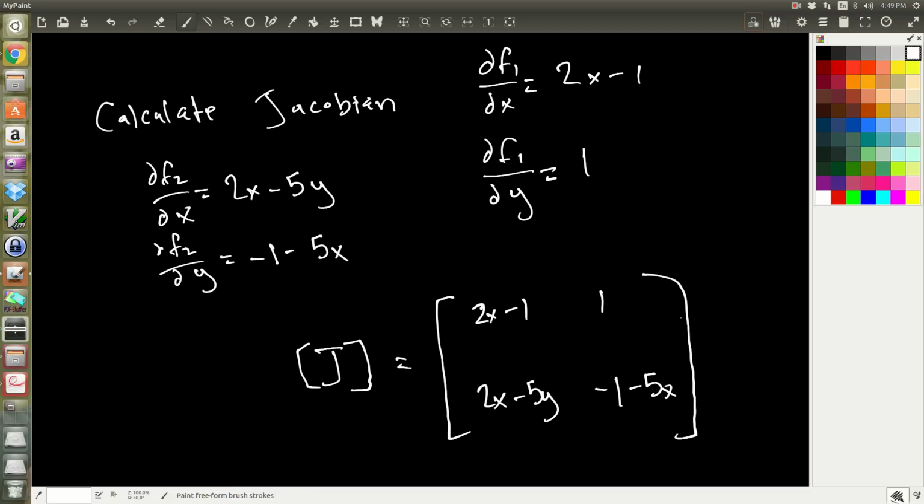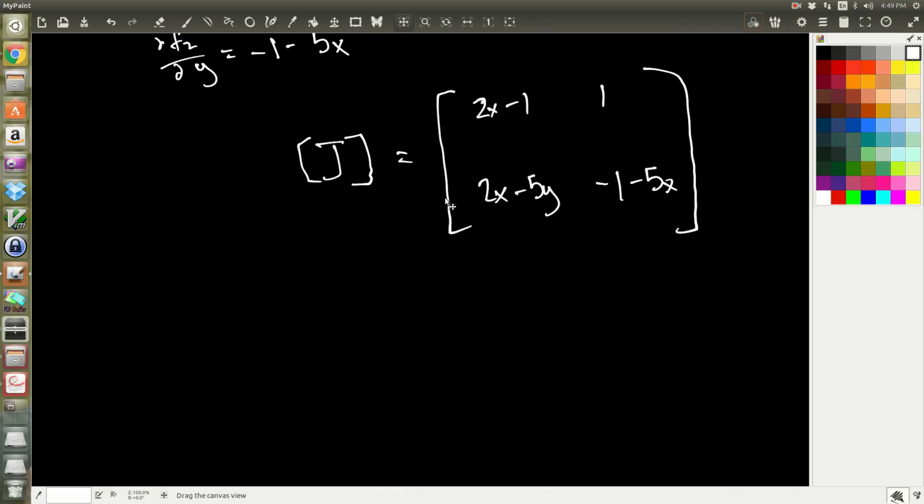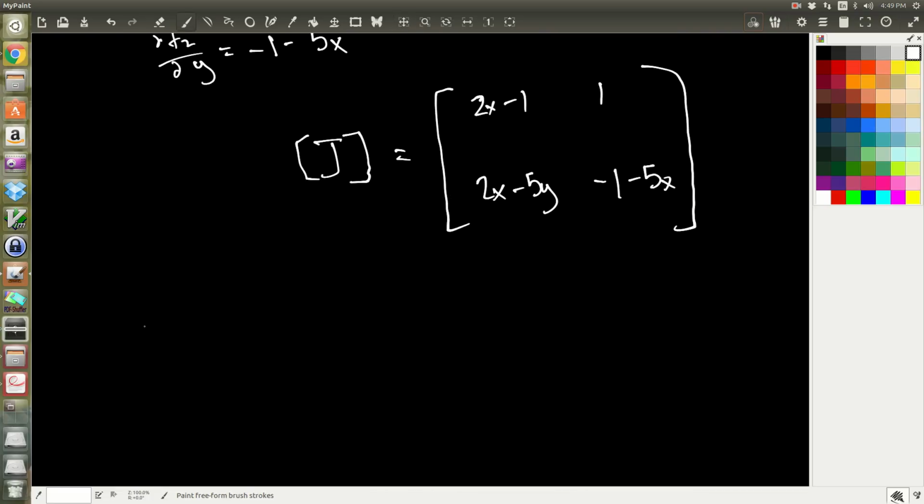Alright, now this Jacobian right here is a function of x and y, which is what we expected, because we should be able to pass in an x value and a y value, and then this will just be full of numbers.